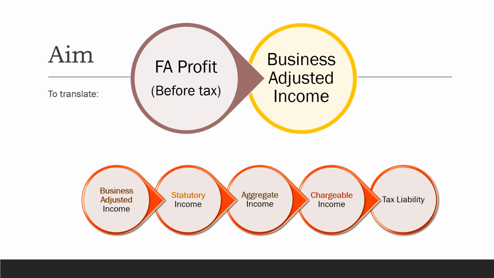And then from the adjusted income, you just follow back this step, okay? Minus all the capital allowances to get the statutory income and follow until the taxability. So there are two methods of finding the business adjusted income. Either you translate like this, or you just recalculate from the gross income of the business. Okay.